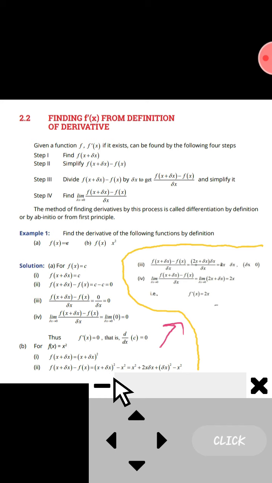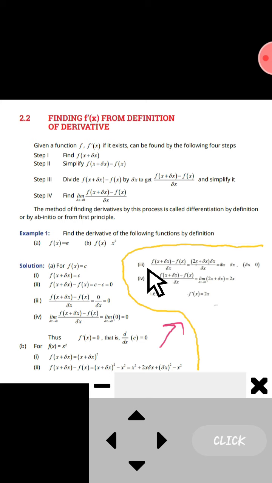We know that a plus b whole square is equal to a square plus 2ab plus b square. So it will be x square plus 2x delta x plus delta x whole square minus x square. This x square is plus and this x square is minus, so these will cancel out.